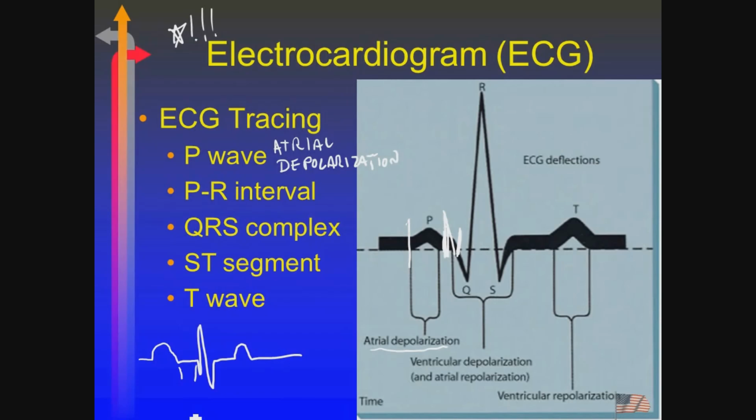Once that impulse then leaves the AV node, it continues on down the bundle branches through the Purkinje fibers. That's depolarization of the ventricle.